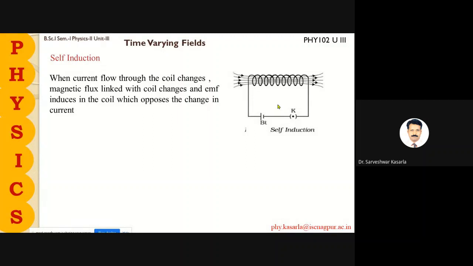Is that clear? So due to change in flux, an EMF is induced in the coil, and that induced EMF will oppose the change in current.